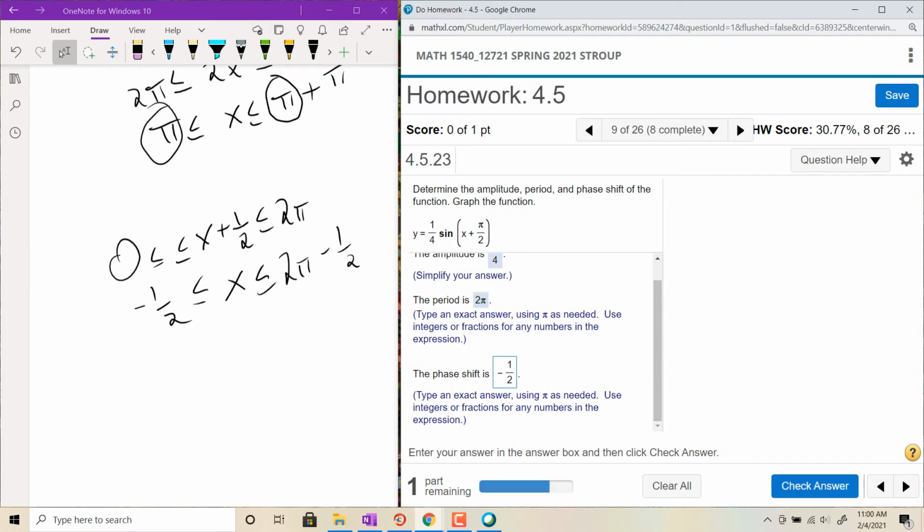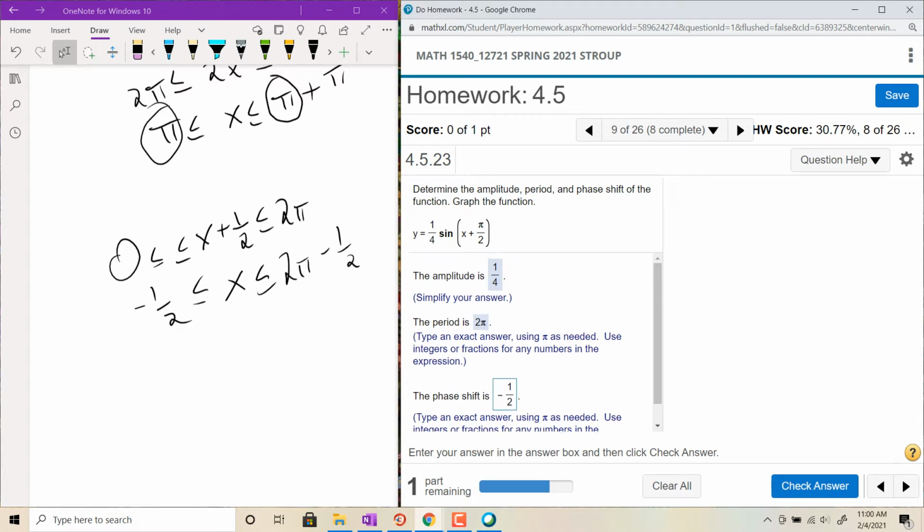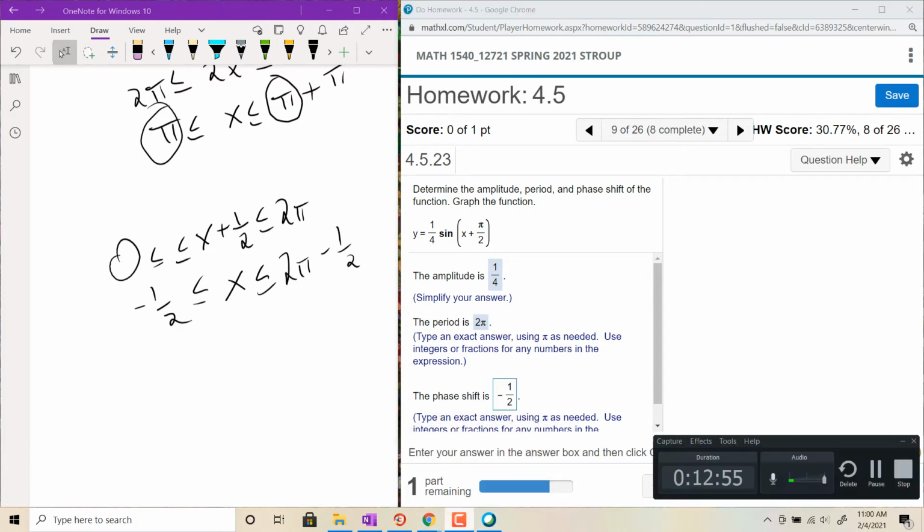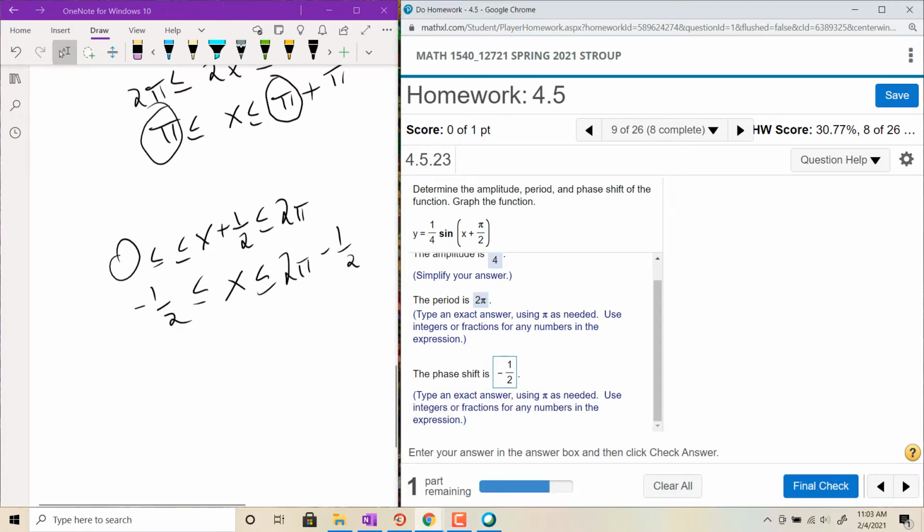What the heck did I do wrong? Type an exact answer. Use pi as needed. Yeah, I see what it is.